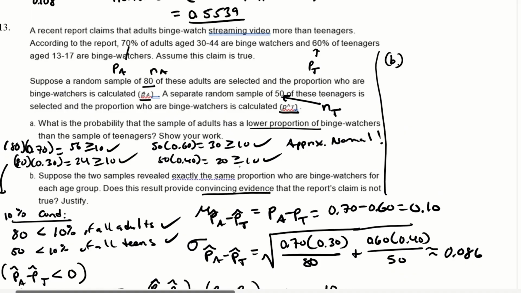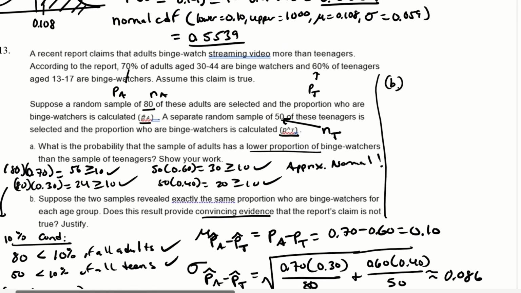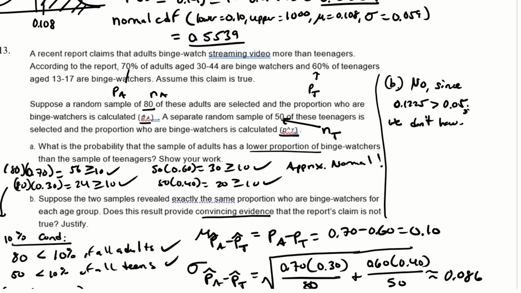Okay, so we're going to say no. Since 0.1225 is greater than 0.05, so greater than 5%, we don't have convincing evidence that the claim is not correct.